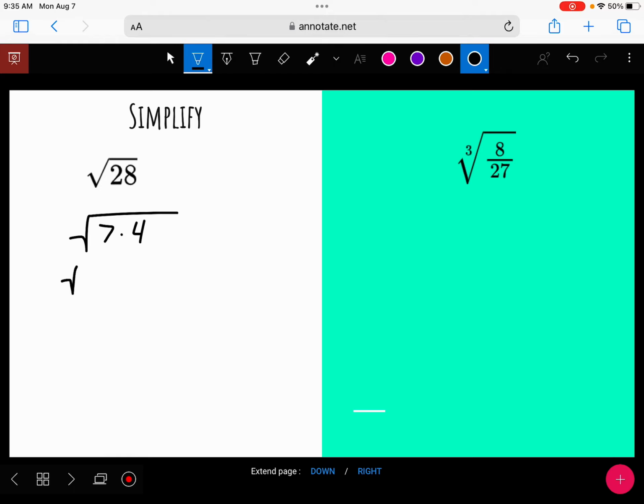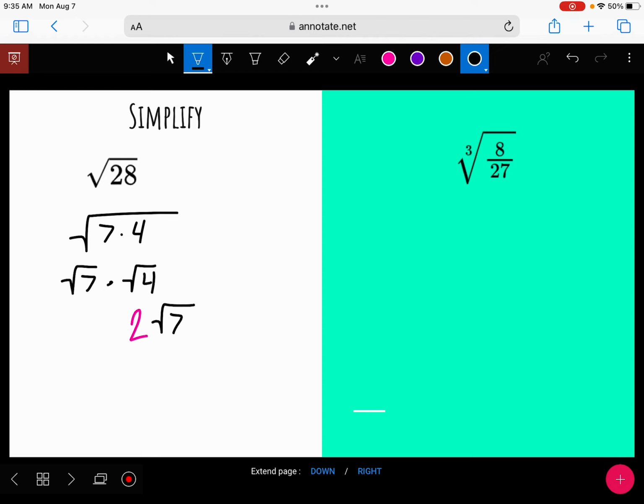We can do square root of 7 times square root of 4. Do we know the square root of 4? Yep, square root of 4 is 2. Do we know the square root of 7? But we can leave that as square root of 7.